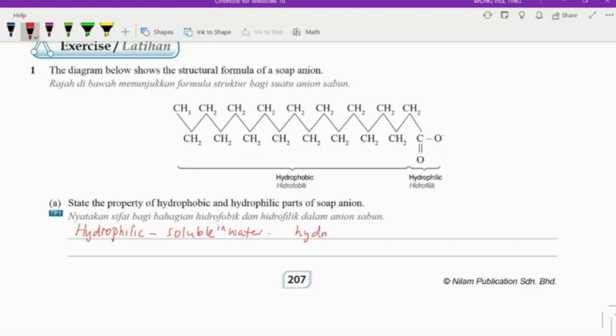Hydrophobic: insoluble in water, or soluble in oil or grease. Definitely correct, insoluble in water, but we mention where it is soluble, soluble in grease or oil. Is that okay? Okay, good, Adeline.